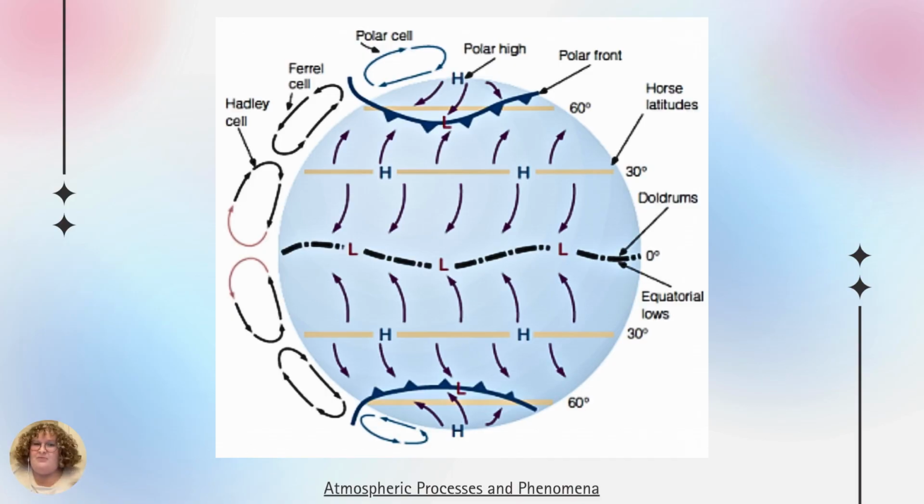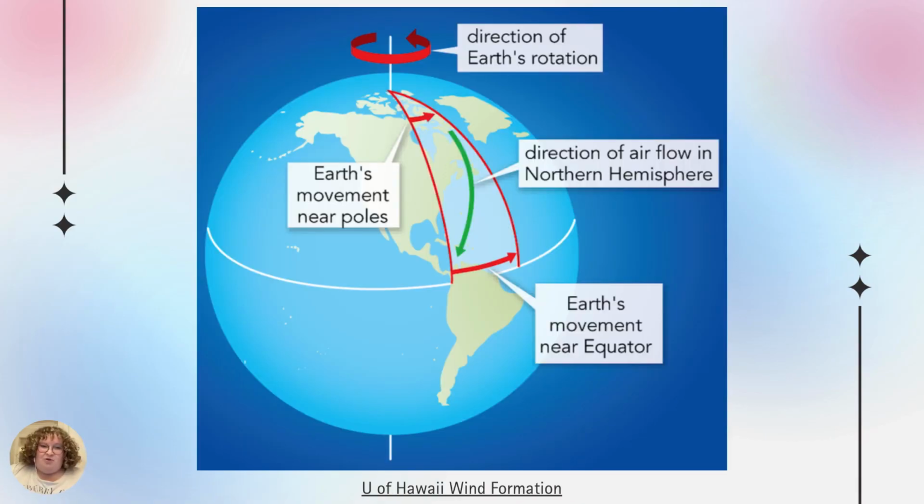Now, you might ask yourself, why do we have these different movements? And it's all about the Coriolis force. So the Coriolis force is what we call an apparent force, and it's derived from the movement of the Earth. So this is kind of conceptual.